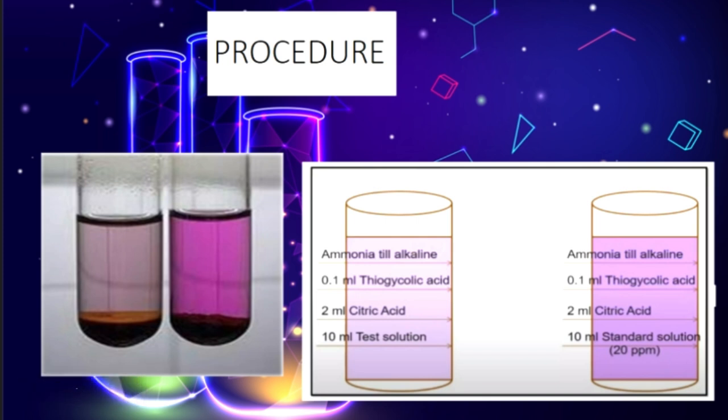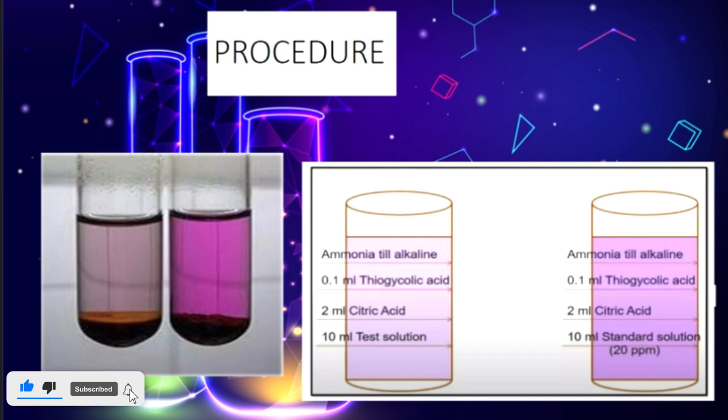Arsenic and lead. So first, in the limit test for iron, the procedure will contain two standard Nessler cylinders, one as test and one as standard. The test consists of the sample or substance which is to be determined.